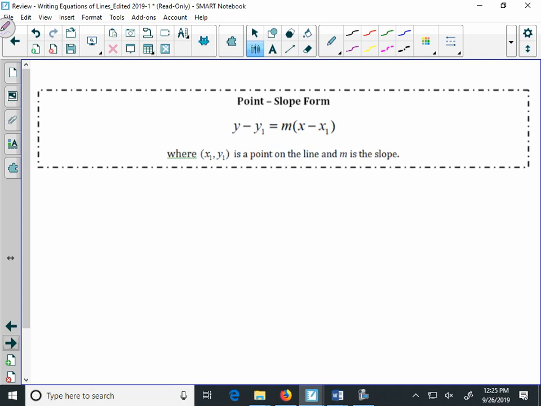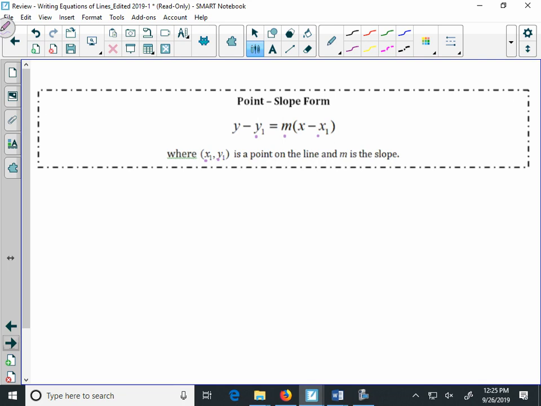Your y1 is just the y value of the point you're given. Your x1 is just the x value of the point that you are given. And m stands for your slope. This first x without the 1 and the y without the 1 always stays x and y. You just plug your x value in at the point, plug your y value in on the point, and then you have your equation.